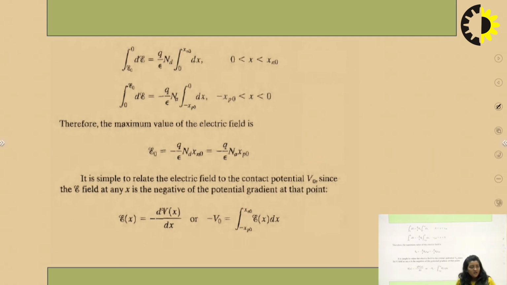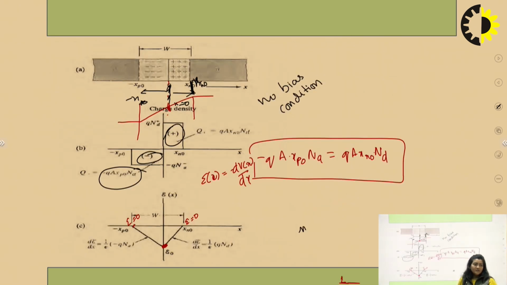But as we apply the limits to this formula, the electric field in the N region goes from maximum to 0.